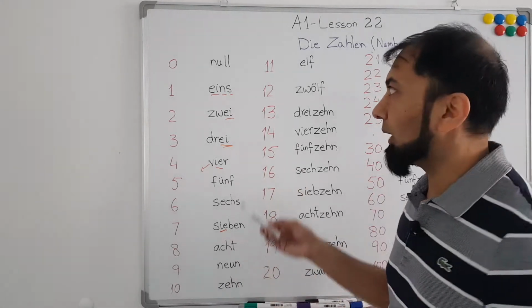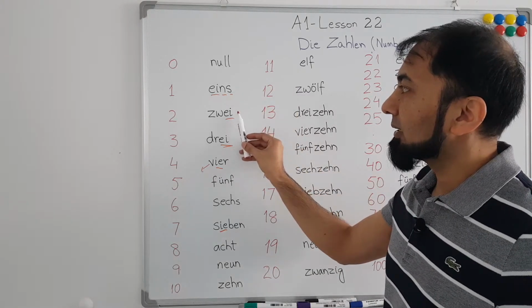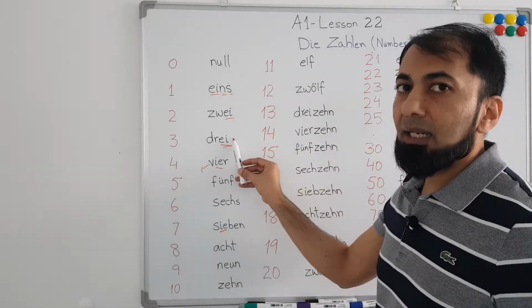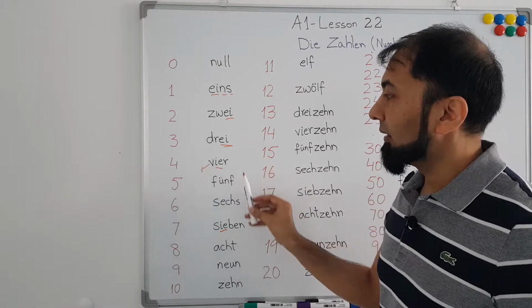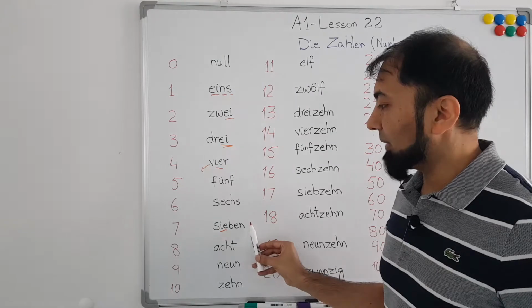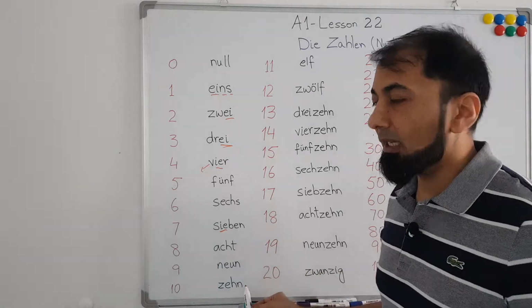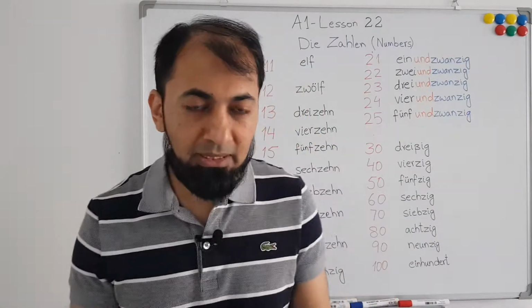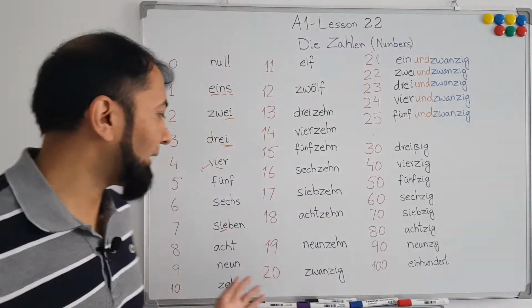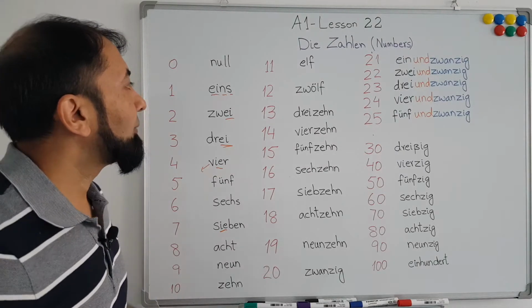So let's go through one more time. 0, eins, zwei, drei, vier, fünf, sechs, sieben, acht, neun, zehn. So these first 10 or 11 numbers do not follow any particular pattern.